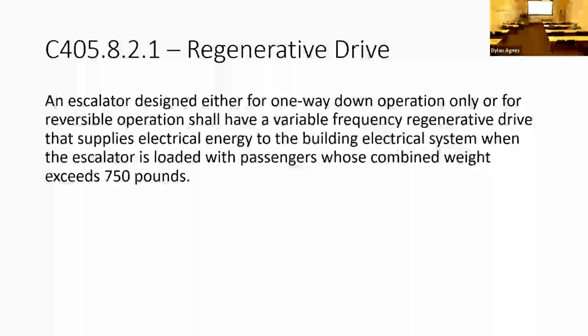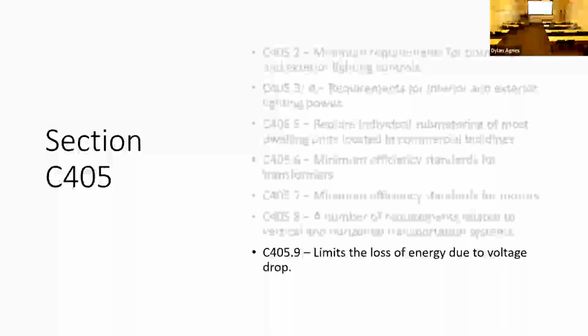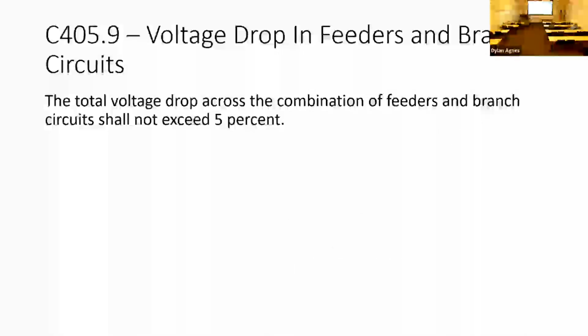Oh yeah, so this is talking about if it's a one-way operation or if you can flip it. Talking about the regenerative drive and electrical energy, so if it's moving, we save that energy. Limit the loss of energy due to voltage drop.